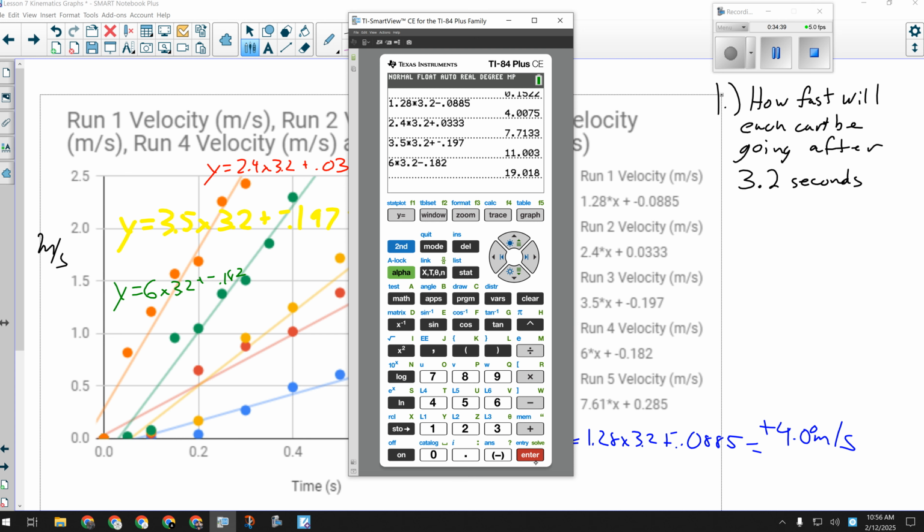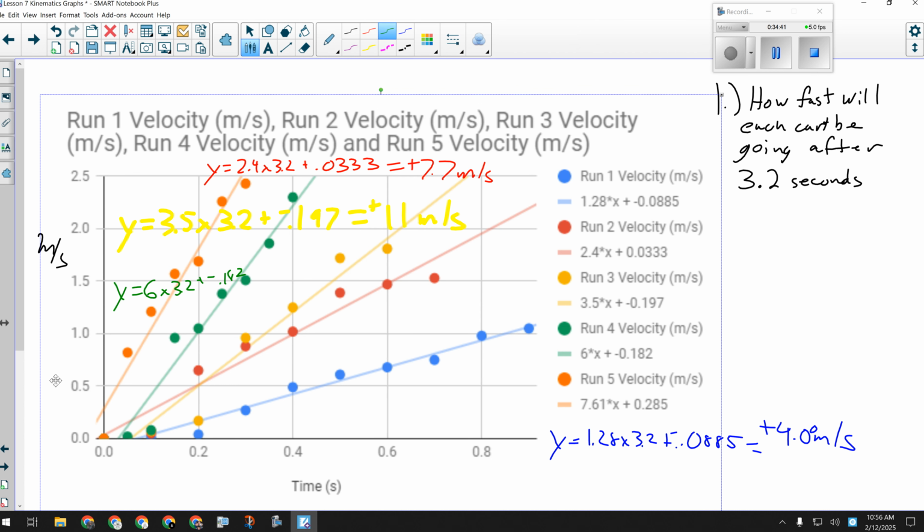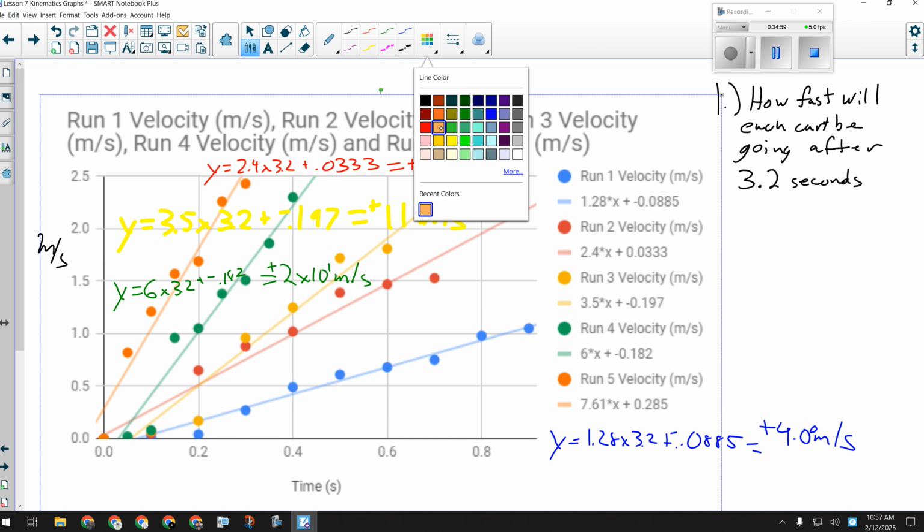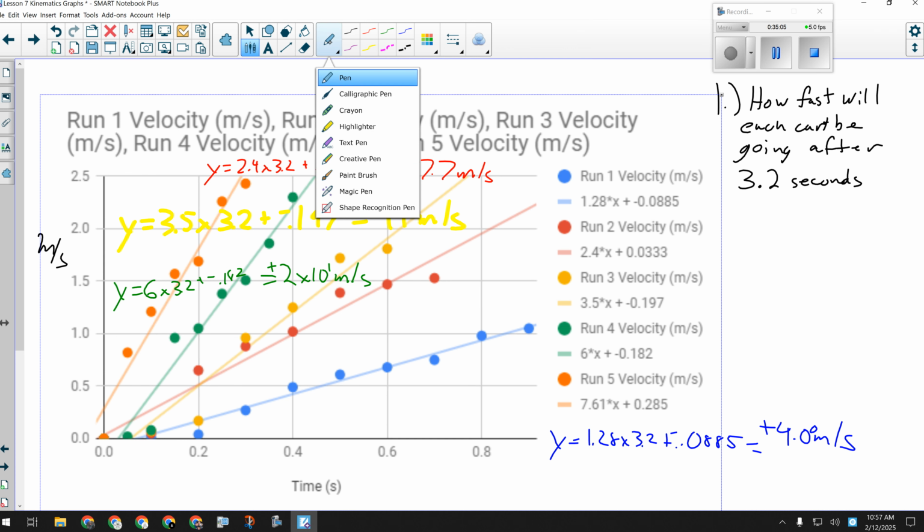Actually, that one's going to be 2 times 10 to the 1 meters per second, because that one only has 1 significant digit. And then for our last one, we'll be back to 3 significant digits. Because I don't have orange, I'm going to use red.